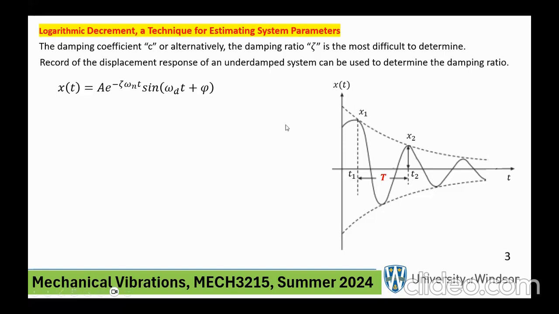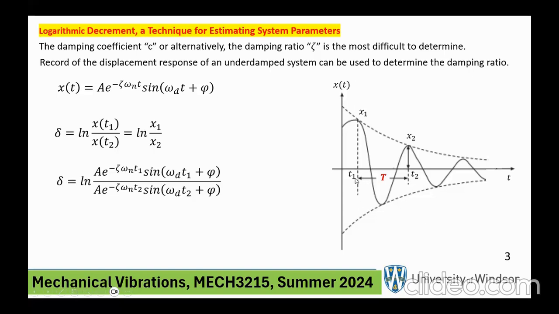This is the period associated with the damped frequency, omega d. And the relationship between this T and omega d is, for example, T equal to 2 pi over omega d. Okay.